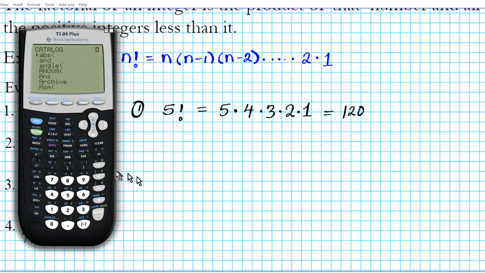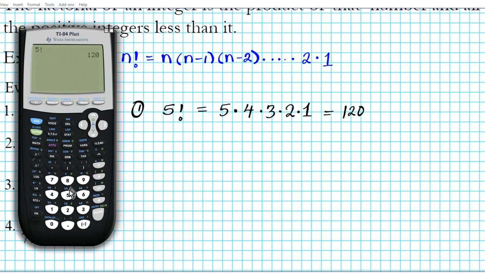It takes you to the catalog menu, and then you scroll up all the way till you hit the factorial operator. So we have the factorial operation right here. Hit enter, and then it's inserted after 5. Factorial, hit enter, 120. So we can see that our answer is correct.